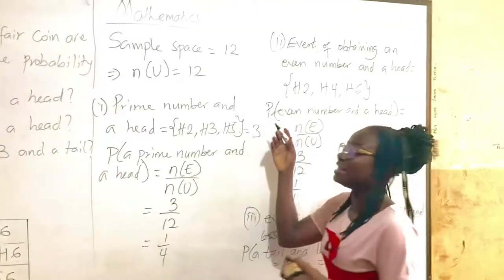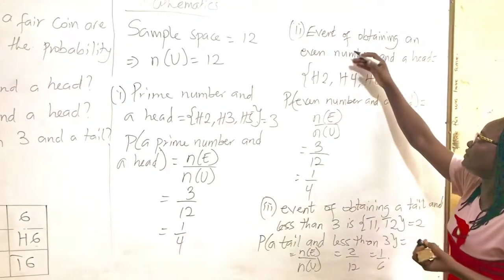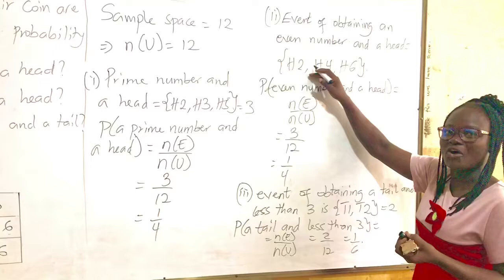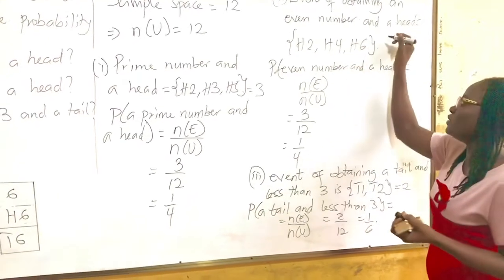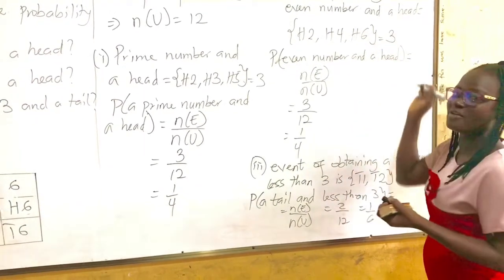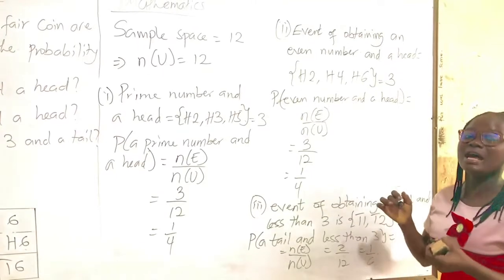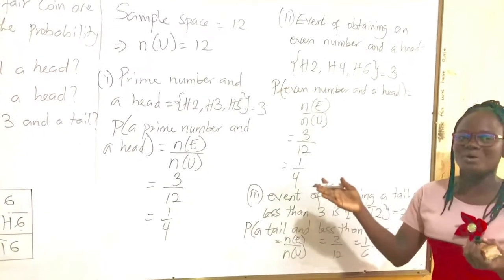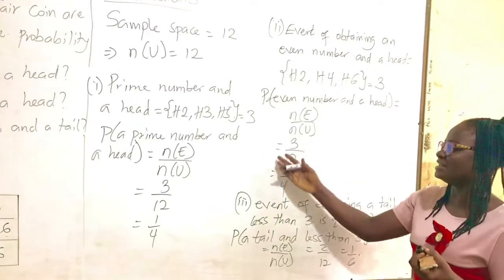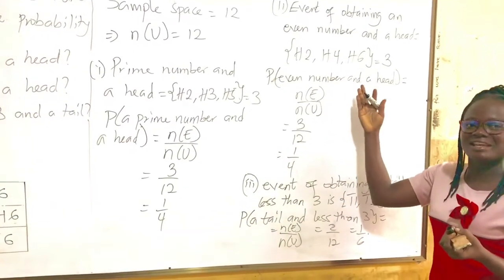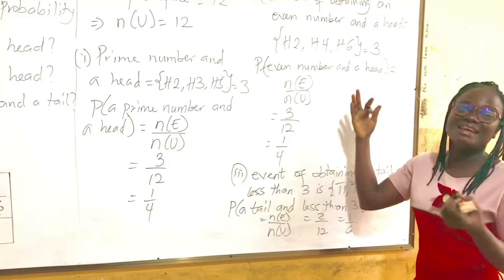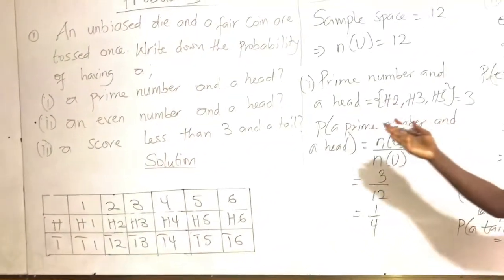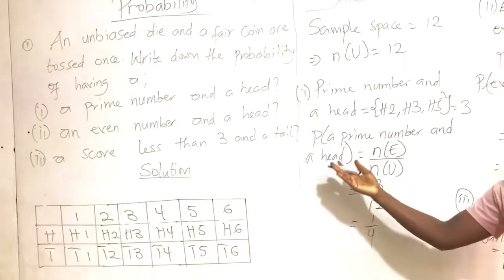So the event of obtaining an even number and a head was outlined as H2, H4, and H6, which is giving us a total of 3. We now divide it by the total sample space of 12 to get our probability of obtaining an even number and a head. The last question was the probability of obtaining scores less than 3 and a tail.